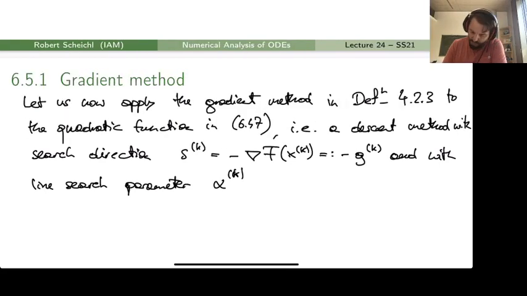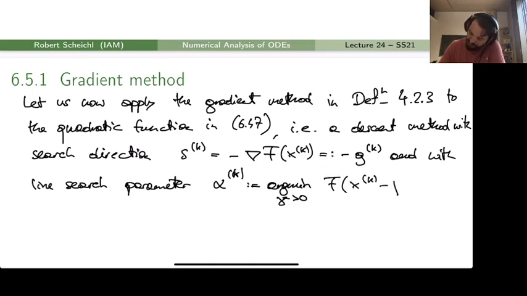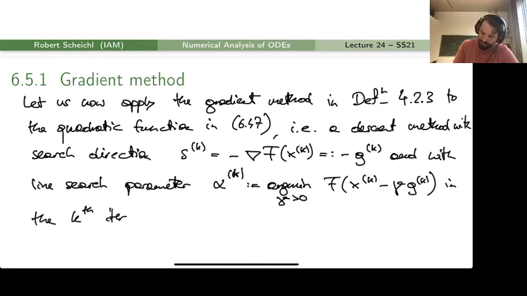Alpha k was chosen to be the argmin over all positive gammas of f minimized in the search direction, so xk minus gamma gk, in the kth iteration. So in the kth iteration, we choose that particular search direction and that particular alpha.